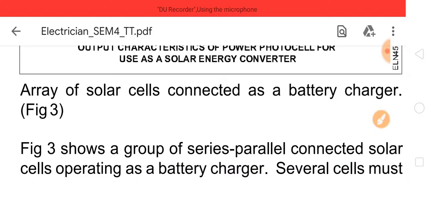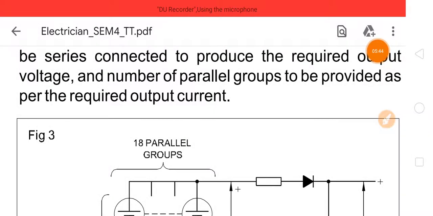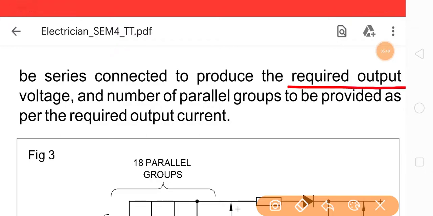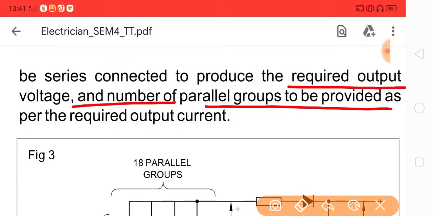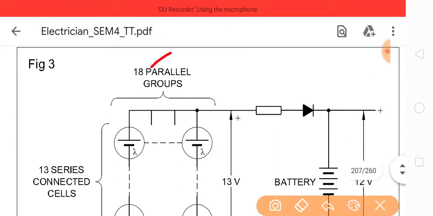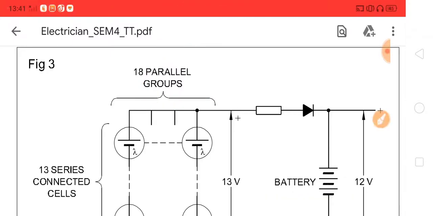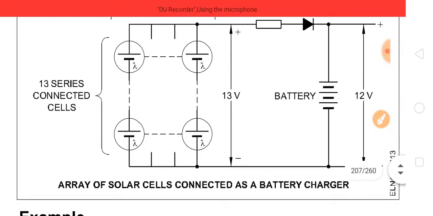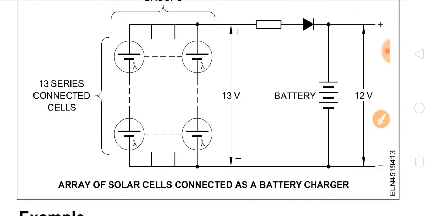Several cells must be series connected to produce the required output voltage, and the number of parallel groups is provided as per the required output current. These are the 18 parallel groups, and these are the 13 series connected cells, and this is the battery.